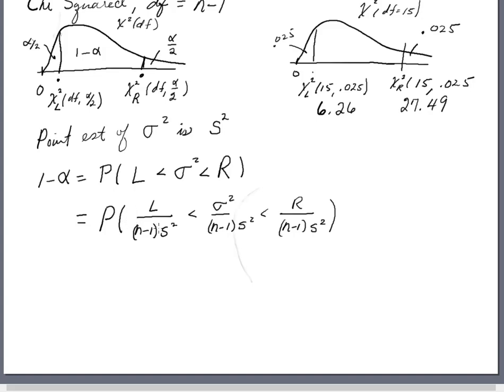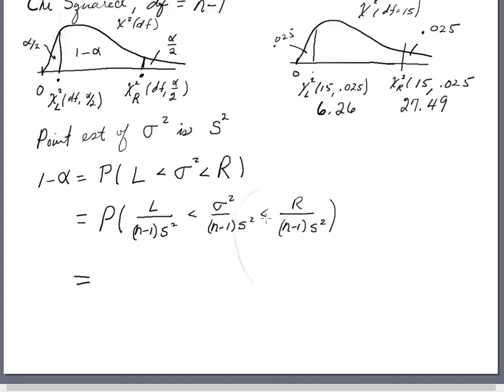Now what I want to do, and this is key to understanding, is invert this middle term and make it n minus 1 s squared over sigma squared. If I do that here, I've got to do it on the ends also.